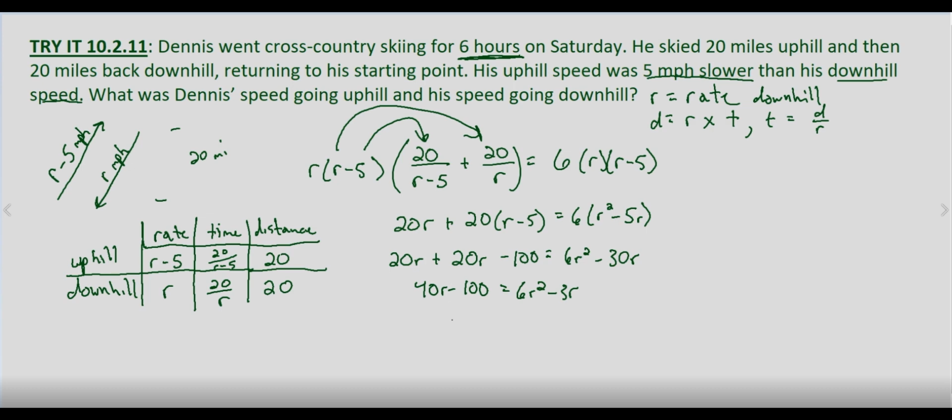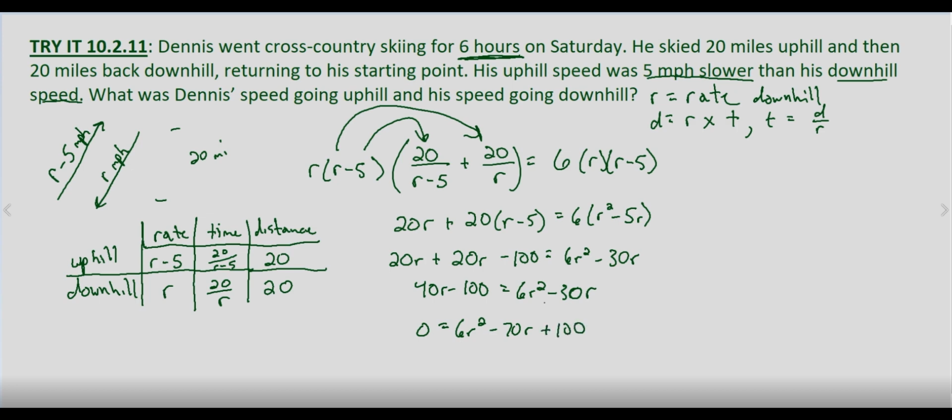I'm going to go ahead and move everything over to the right, so we're going to end up with 0 equals 6r squared minus 30r minus 40r. Excuse me, I said 30r, but I wrote 3r. So 6r squared minus 30r minus 40r is minus 70r. And then plus 100.